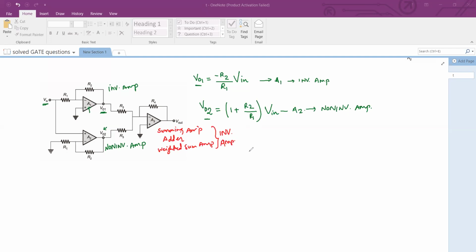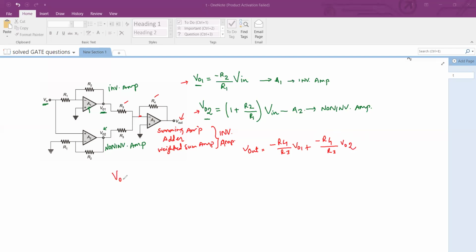So we can write the expression for V out, the final output here, as minus R4 by R3, since the feedback is negative, multiplied by VO1, plus minus R4 divided by R3 again for VO2.